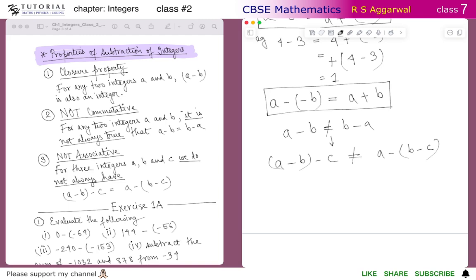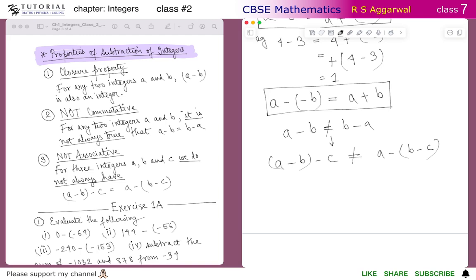In the addition operation, we saw that addition was associative, but subtraction is not associative. Also, subtraction is not commutative, and we saw in the previous video that the addition operation of integers is commutative.